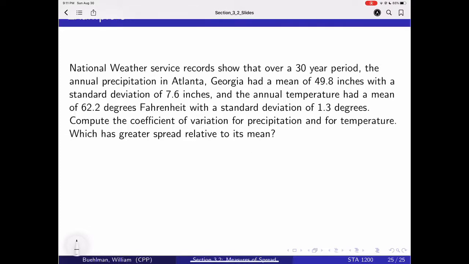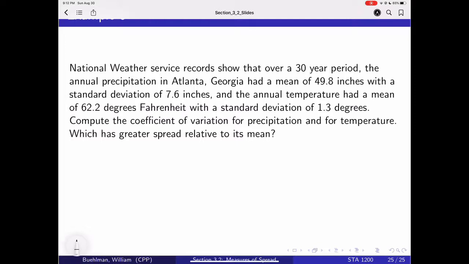Here's our last example, example 8. The National Weather Service records show that over a 30-year period, the annual precipitation in Atlanta, Georgia has a mean of 49.8 inches with a standard deviation of 7.6 inches. And the annual temperature has a mean of 62.2 degrees Fahrenheit with a standard deviation of 1.3 degrees, also in Fahrenheit.